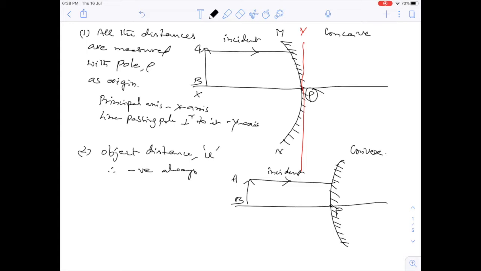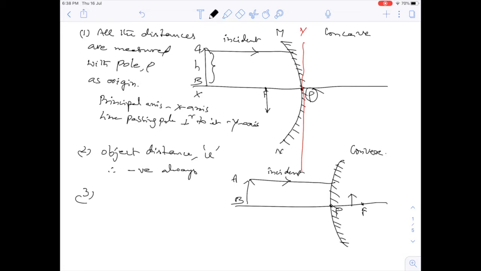Now, this is the height of the object. Suppose the image is formed somewhere at focus, for example. How is the image formed? In some cases we have discussed, the image is formed diminished like this. Or in the case of convex, it is either at F or between P and F, an erect image.